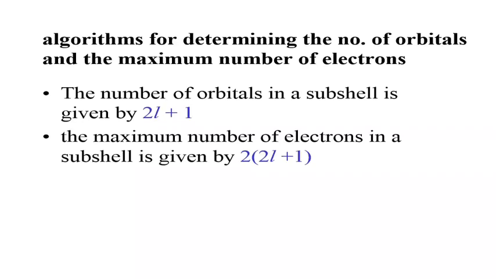Okay. So bottom line, if you know the value of L, you know how many orbitals you have. So it's 2L plus 1. And you can put 2 electrons in each orbital, so the number of electrons you accommodate is 2 times that quantity. So that's where those come from.